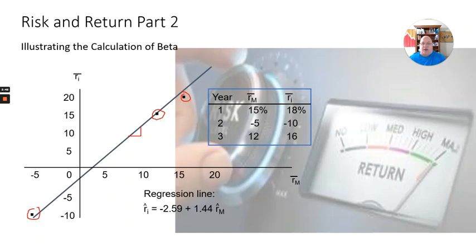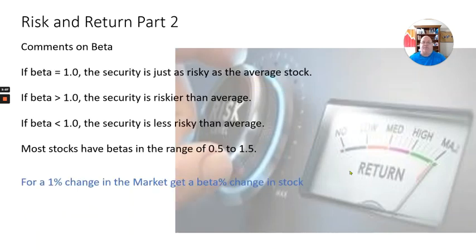When we ran the regression, the beta for this particular company was 1.44. So whatever the return of the market is, we multiply it by 1.44 to find the risk you take for being in this stock instead of just the market.